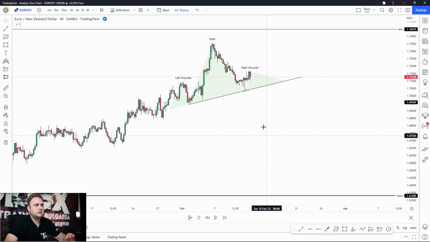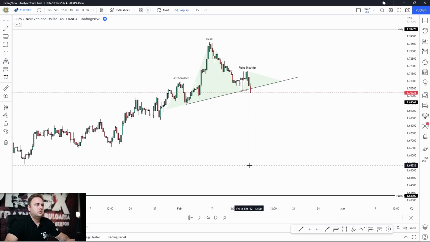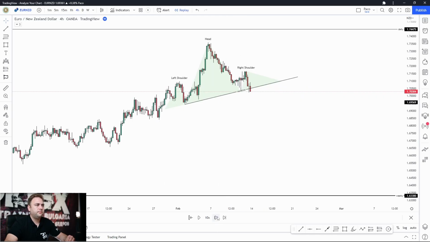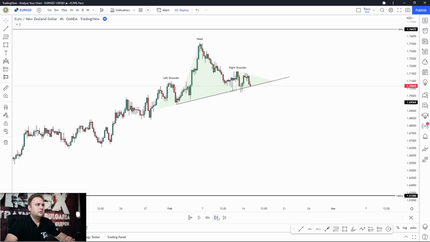So let's see what's happening now. Here the price is breaking the neckline, but the candle doesn't close below the neckline, so we have to wait. Here the price is consolidating.